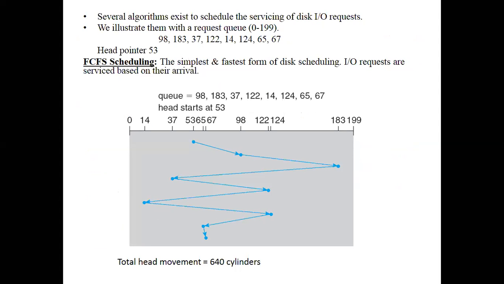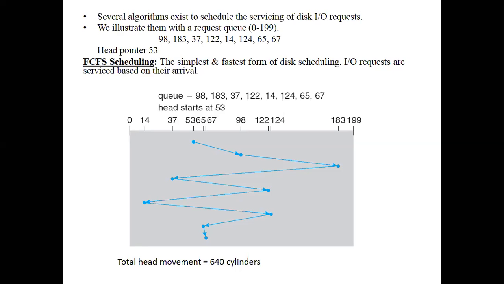The first scheduling is first come first serve scheduling. The name itself implies first come first serve. An example is a queue: whoever is standing in front of the queue is serviced first, for example a theater queue, a restaurant queue, or a ration shop queue.